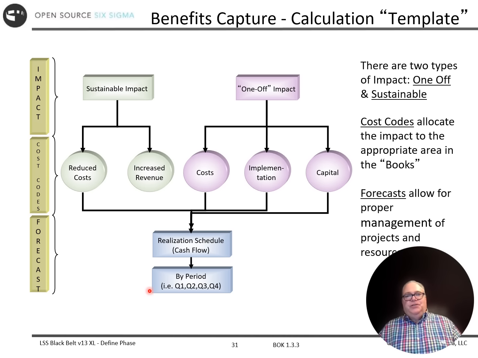All right, so here we just have it sort of organized in a little tree for you. So again, is the impact going to be each and every month forever and ever? So if I take, say, 10 hours out of the process flow, and those 10 hours are labor that I save, as long as the process can run that way forever, I always have that 10 hours of savings. Some of our one-off impacts, the one that comes to my mind is cash flow.